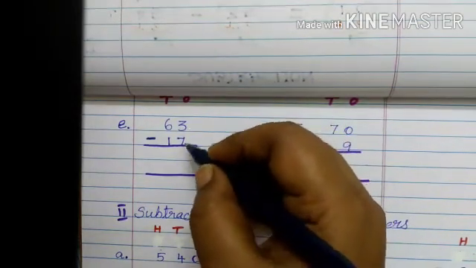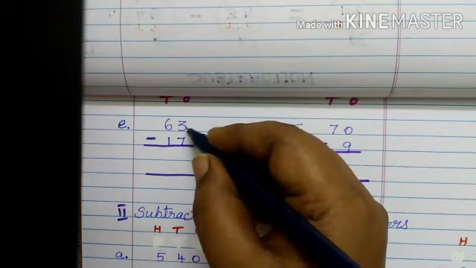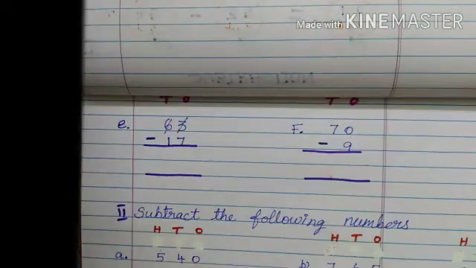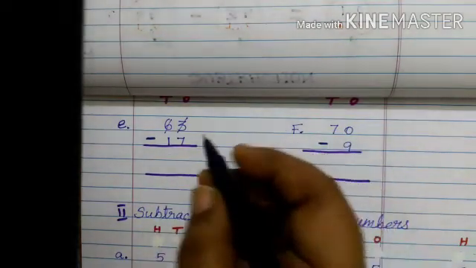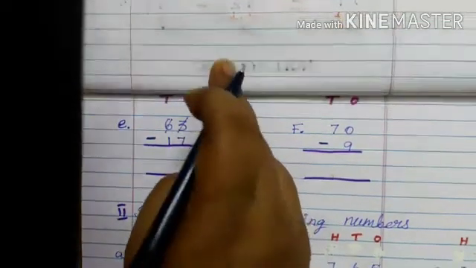Then 3 subtract 7 is not possible, because compared to the second number the first number is not bigger. So for this subtraction we do borrowing. You give one from the tens place to the ones place.